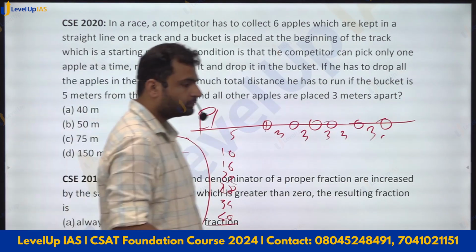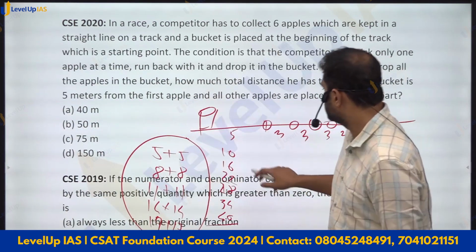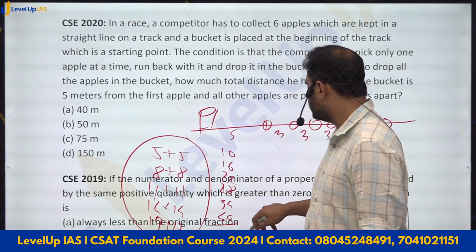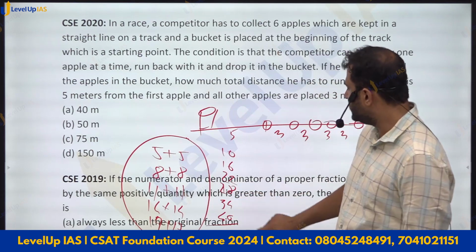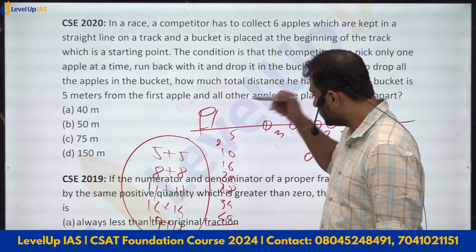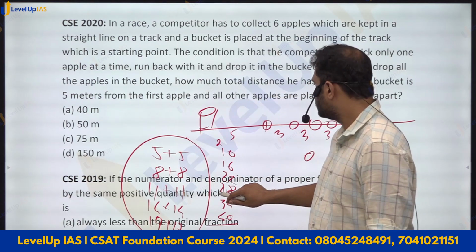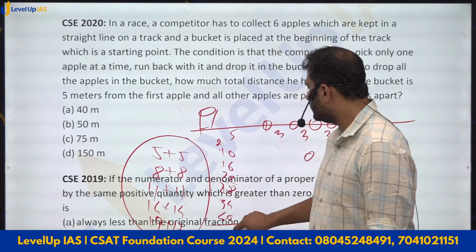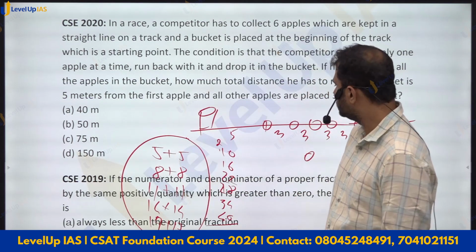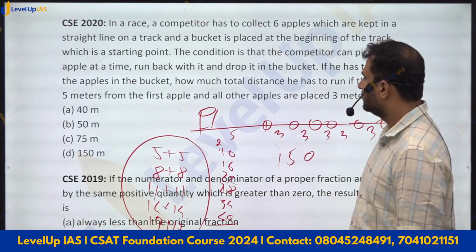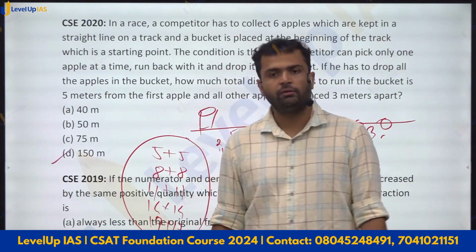Add them. What do we have? 6 and 8 is 14, 16 plus 4, 20. Carry forward 2, 4, 6, 8, 11 and 4, 15. The answer is 150 meters.